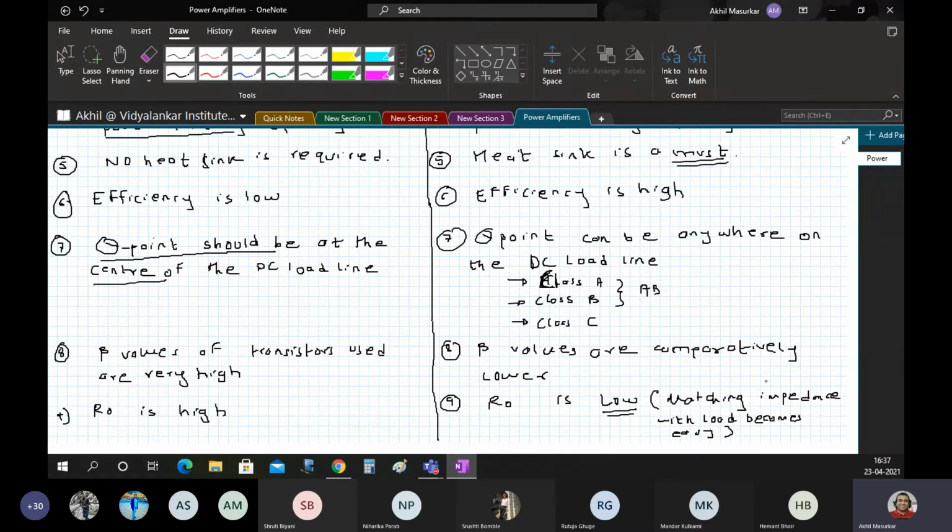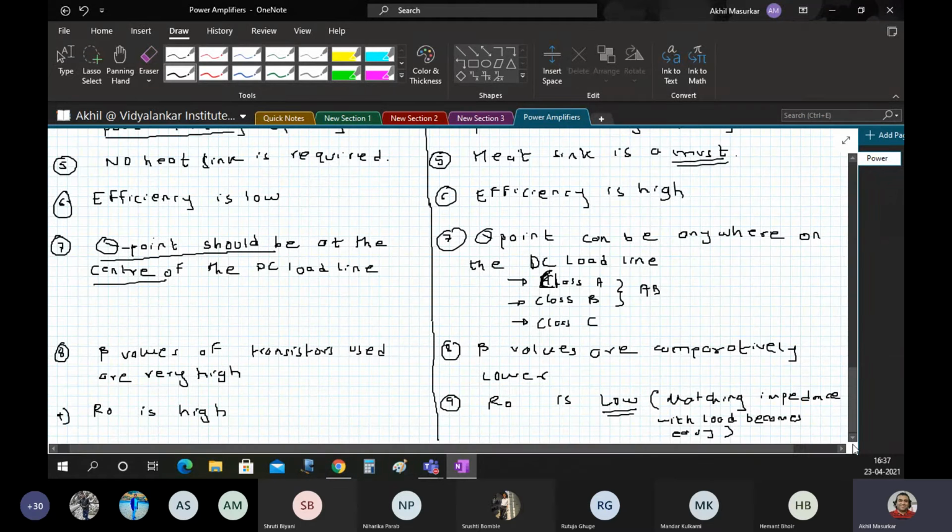And the last point is, I think it is the 10th point.